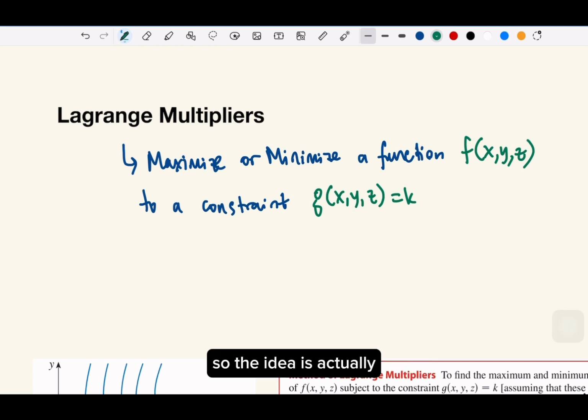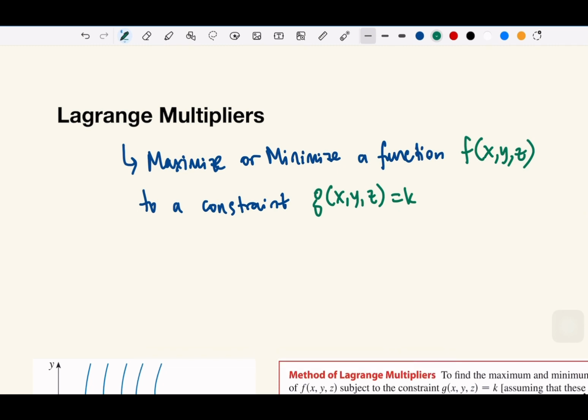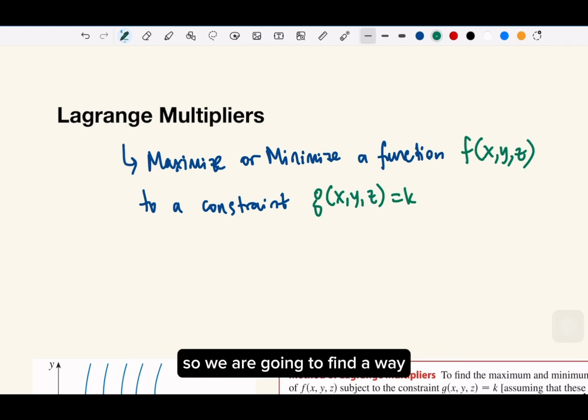So the idea is that we are going to fit f onto g. We are going to find how much f, when multiplied by something, will equal g.